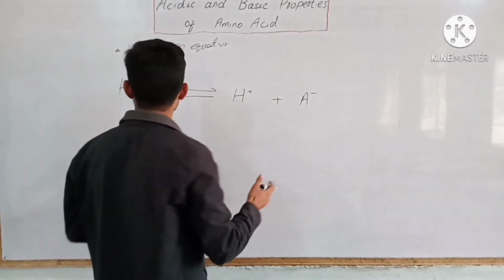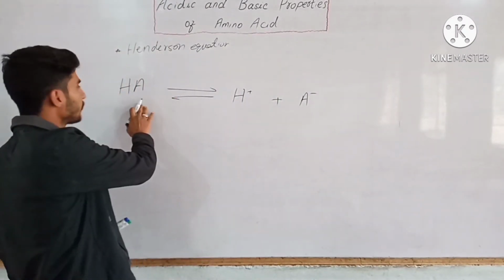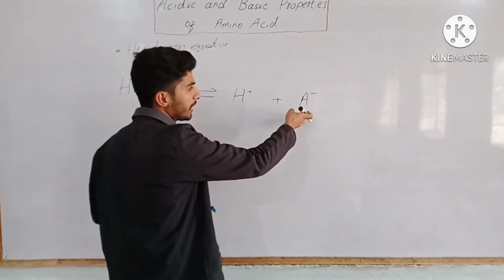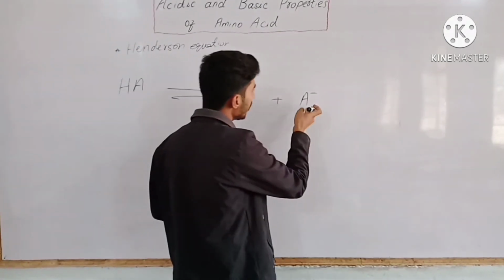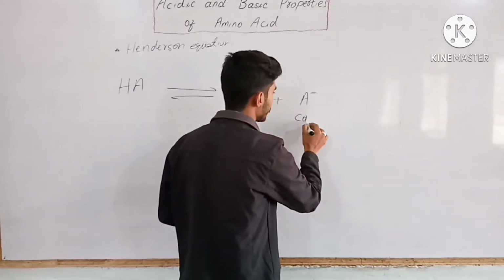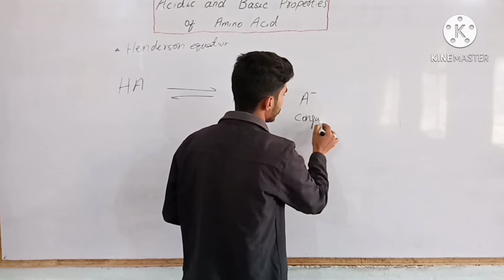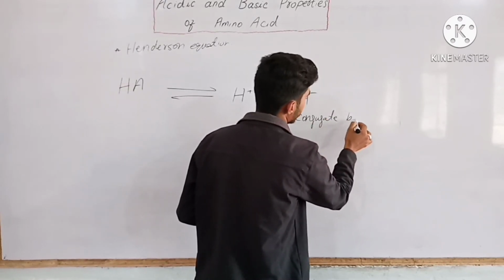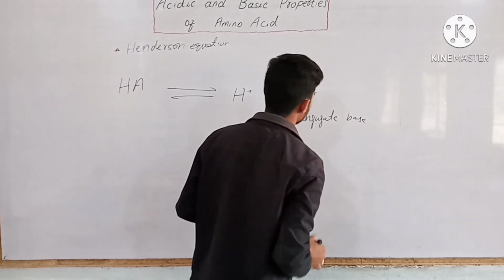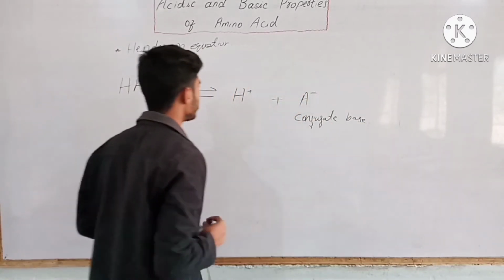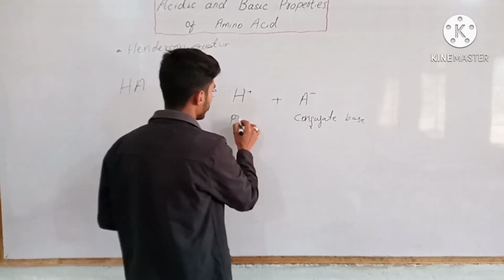The ionized form of an acid is known as the conjugate base. This is the ionized form of the acid, the conjugate base, and this is the proton.